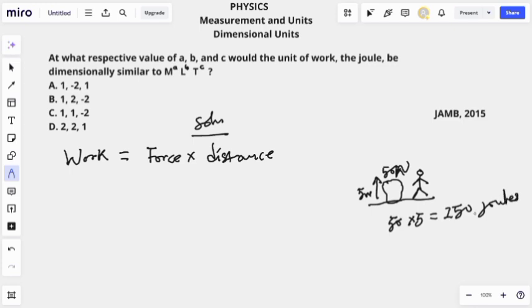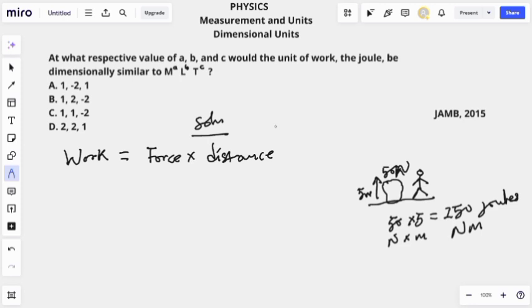The unit for work is joules or Newton meter. That's, unit of force is Newton, and unit of height or distance is meter. So the unit of work is either you call it joules or you say Newton meter.